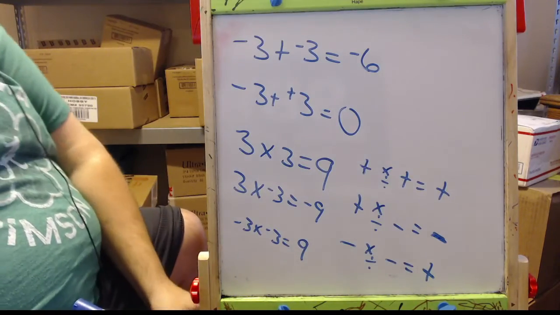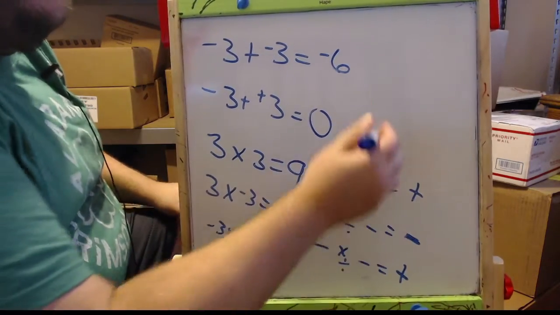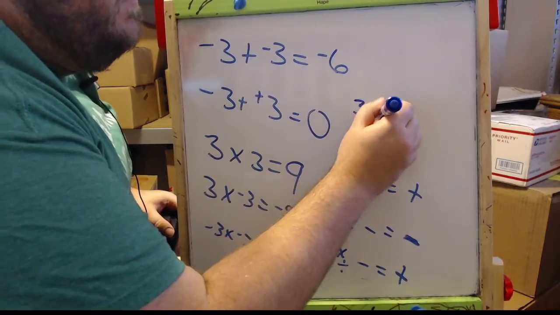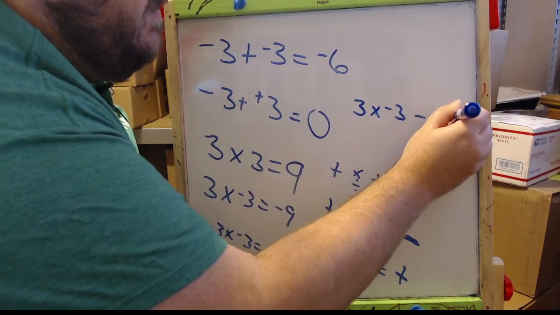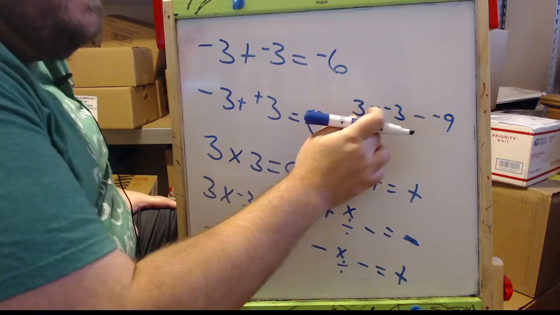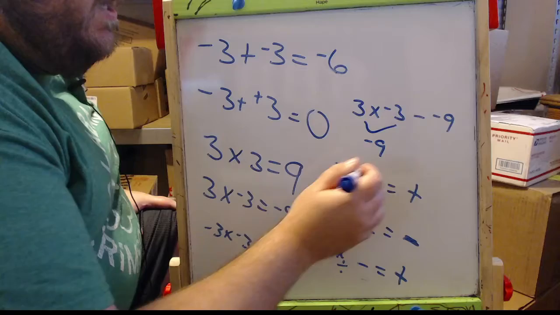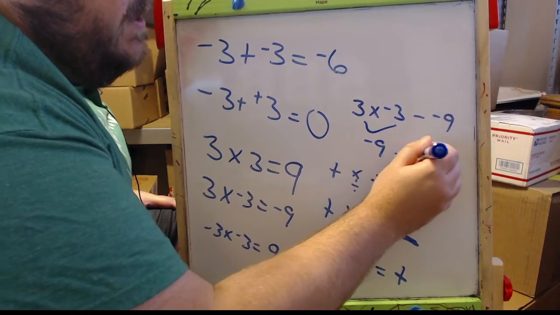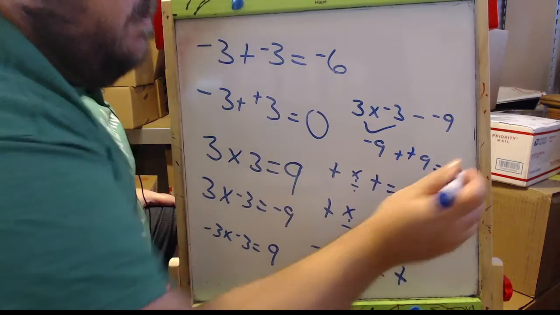Now it's important to remember your order of operations here, because let's say I had something like 3 times negative 3 minus negative 9. Well, 3 times negative 3, I've got to do that first, is negative 9. Negative 9 then minus negative 9, change the sign on both, and my answer becomes 0.